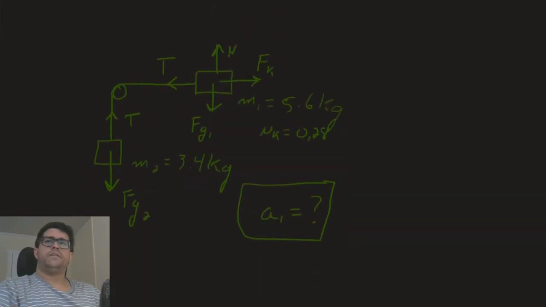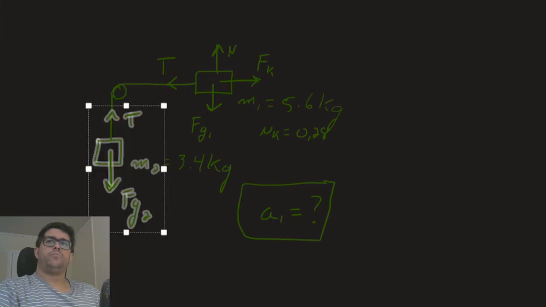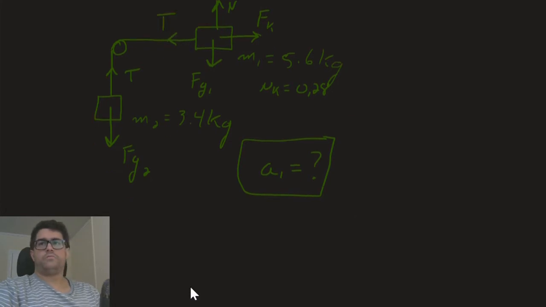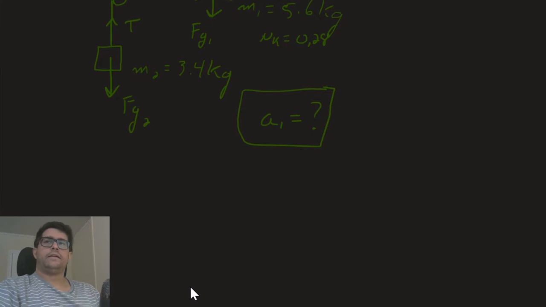Okay, so basically this part right here will help us find T, which is used here in this problem. So let's take a moment and look at that. So let's sum up the forces in Y. Let's do F net for the second mass. So F net will be equal to T plus Fg2, and that will be equal to M2A2.